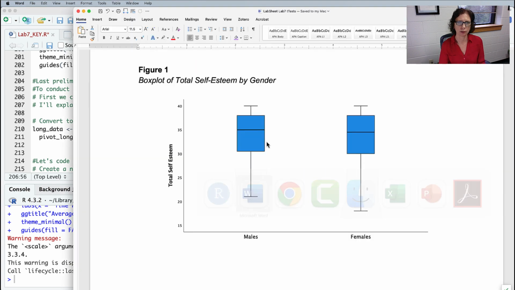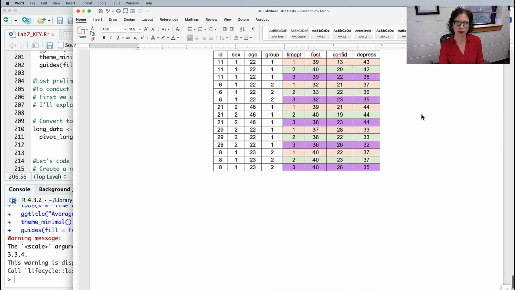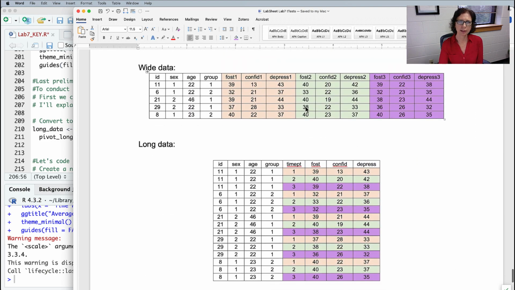I'm going to go over to the write-up that is the SPSS write-up, or the lab. And on the last page, I created this little example of what's going on between wide data and long data. So wide data is what the data set currently is like. It's arranged by person, right? For person 11, they had these time 1 scores, these time 2 scores, these time 3 scores.